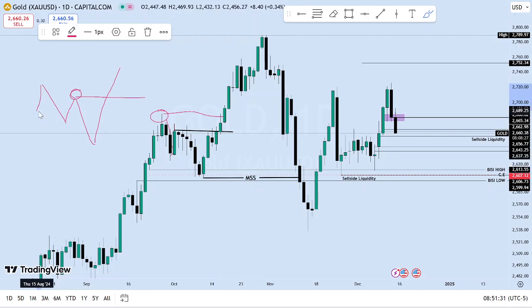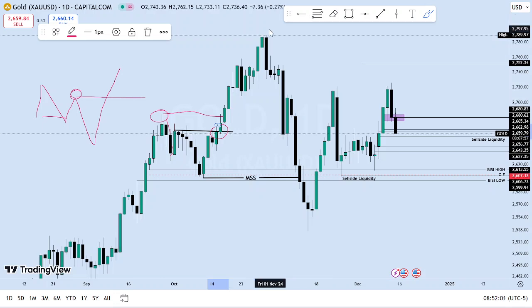Maybe we could have swept a sell-side liquidity, then traded above the up-close candle of the bullish. That's a bullish breaker. This candle here is a bullish breaker. You can see as we break above it, we went up.